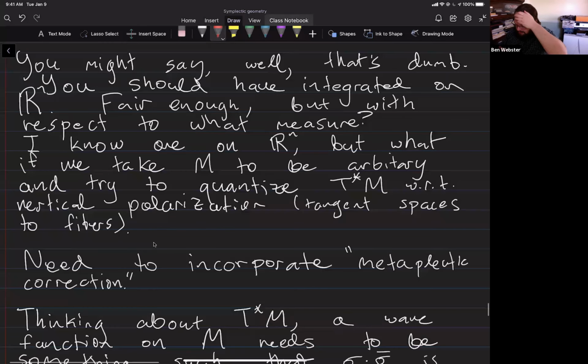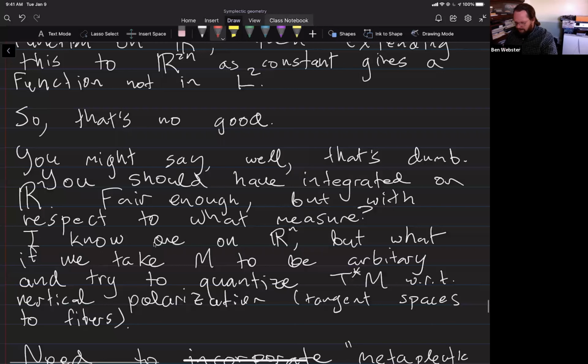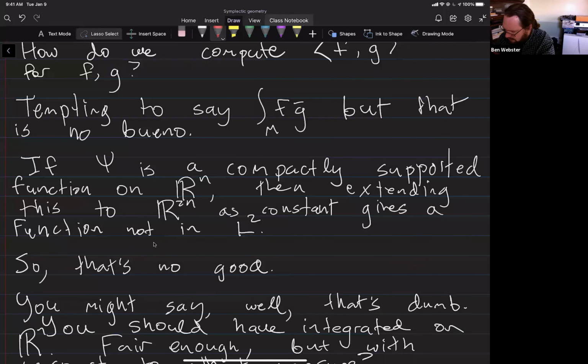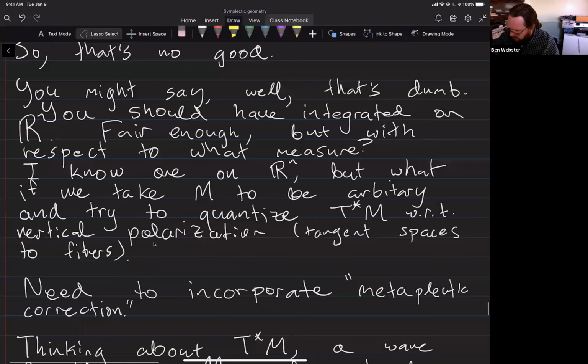then if I think that my wave functions are functions on M, how am I supposed to integrate those? Sorry, I made a bad choice. M is always my symplectic manifold, so let me write this a little differently.